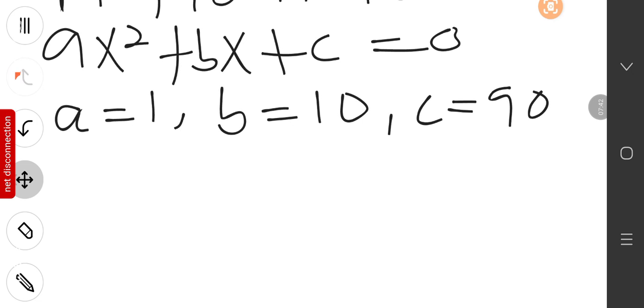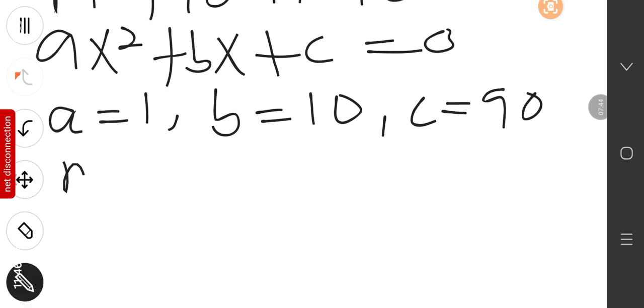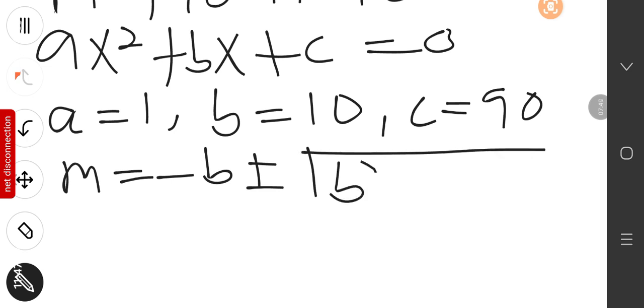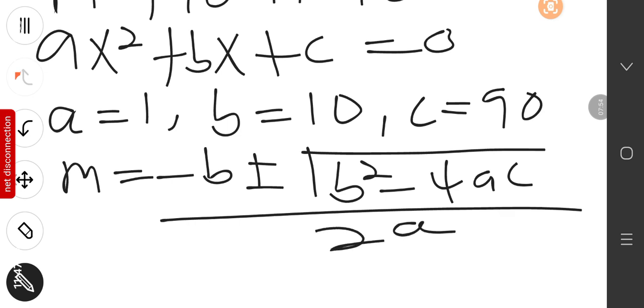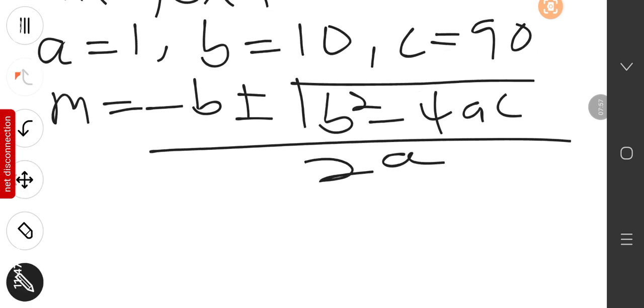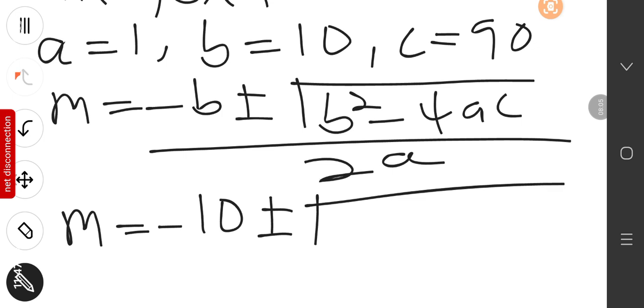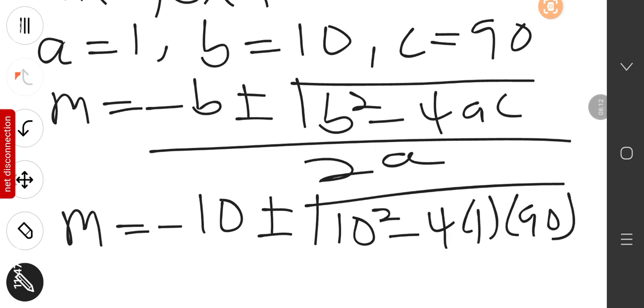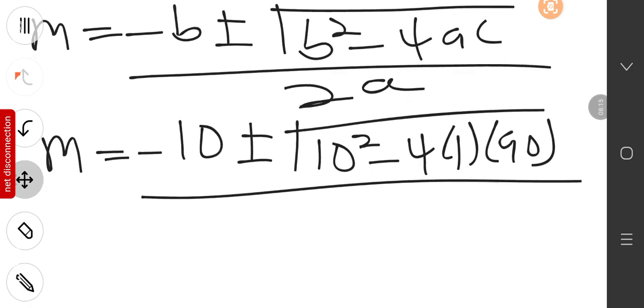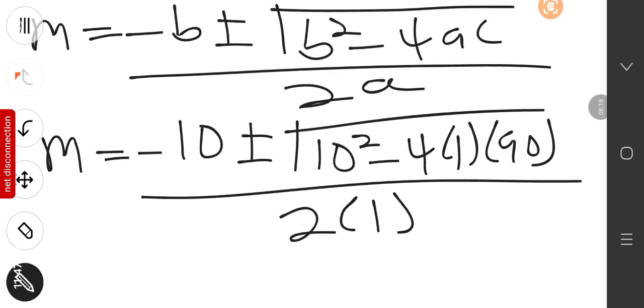Now let's state the quadratic formula. So we have m equals minus b plus or minus the square root of b squared minus 4ac all over 2a. So let's apply that concept. We say m equals minus 10 plus or minus the square root of, now b squared is 10 squared, minus 4 times 1 times 90, all over 2 times 1.